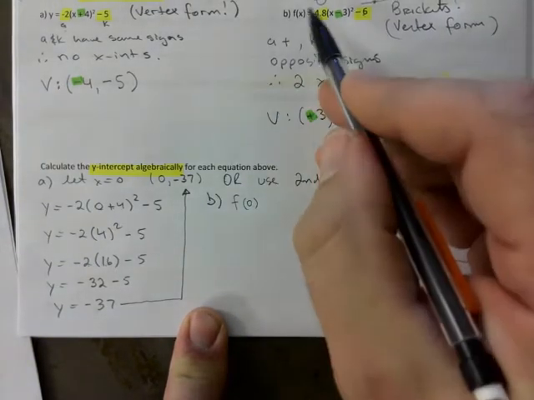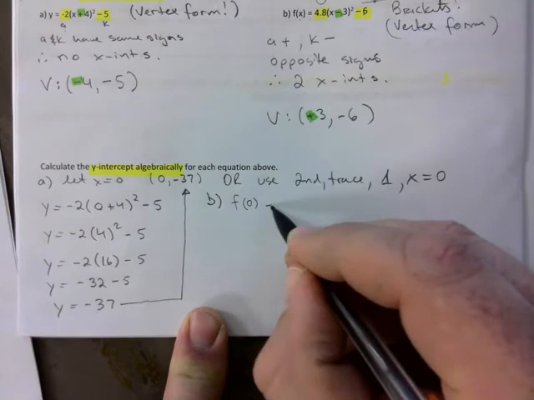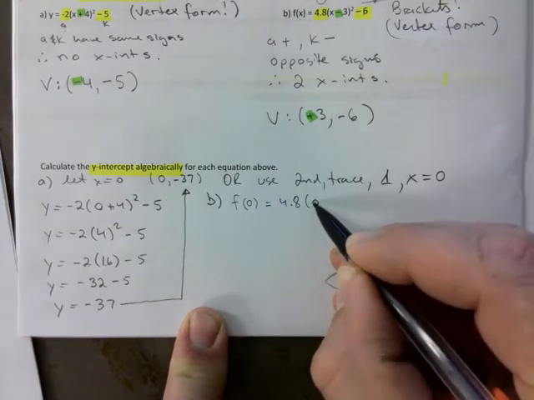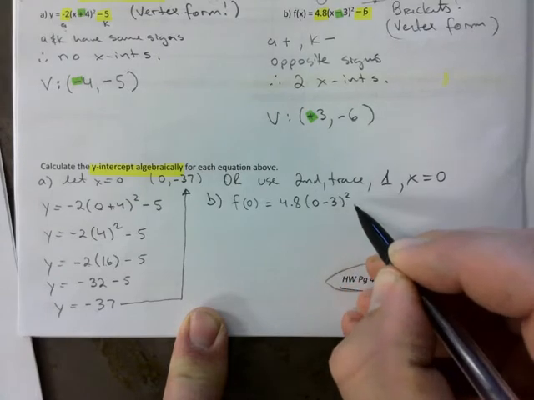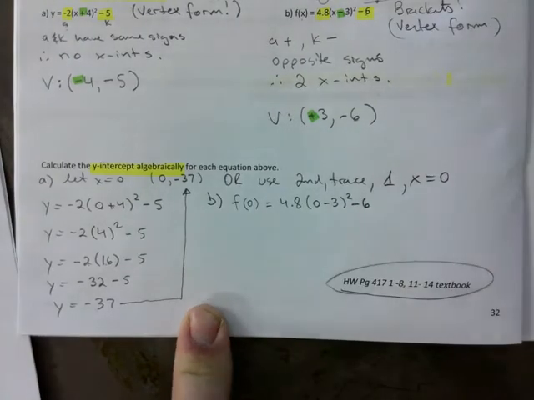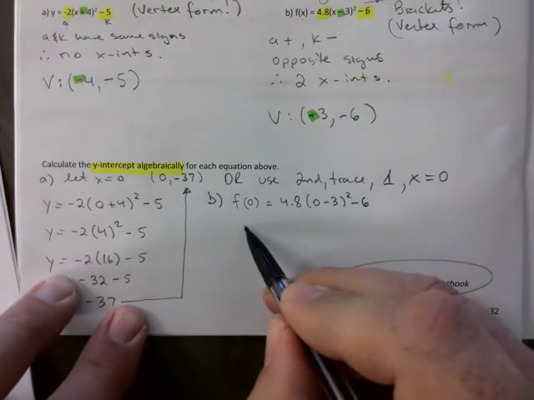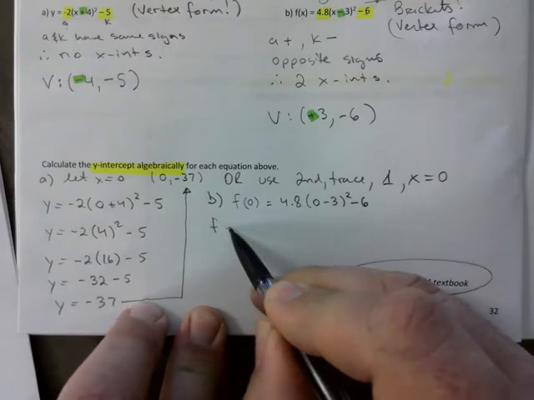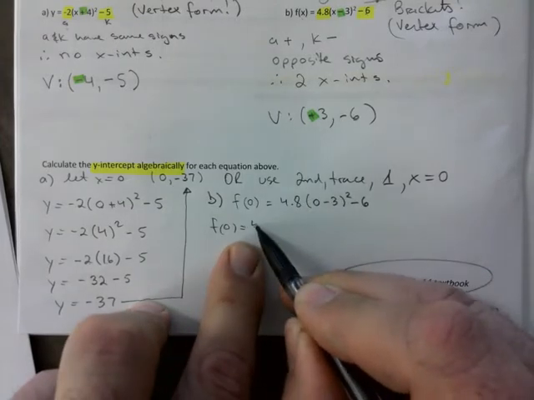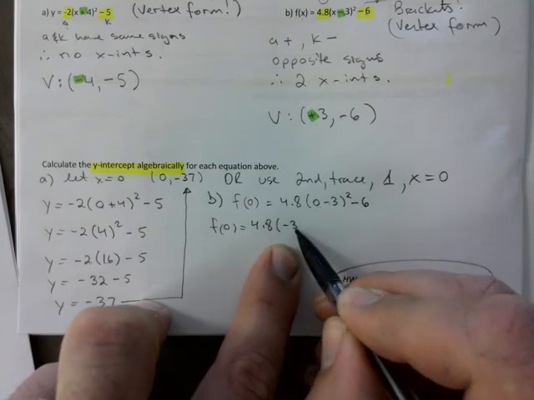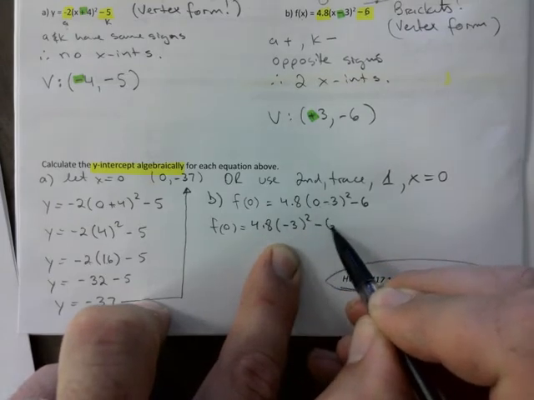So we plug in 0 for x, and then it's 4.8 times (0 minus 3) squared minus 6. You need to watch out for the negative here, because f of 0 is just 4.8 times (0 minus 3), which is minus 3, squared, minus 6.